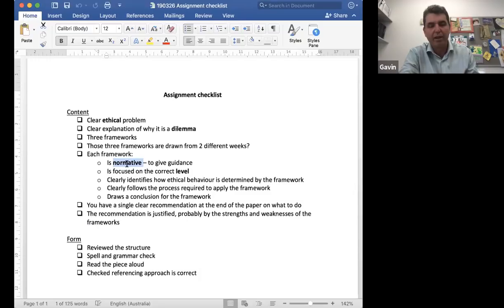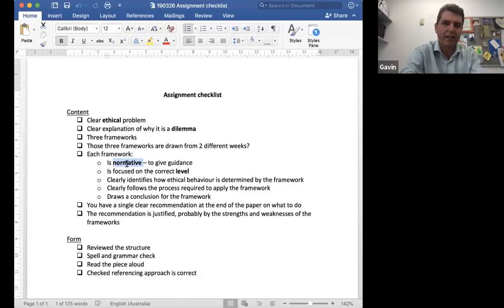justification. To get a depth behind that justification, what you want to do is talk about the good. If there's a framework that agrees with your recommendation, that probably says, well, I think about this problem the way that framework says. So what are the strengths of that framework? Okay, because that's kind of why you want to use it probably.